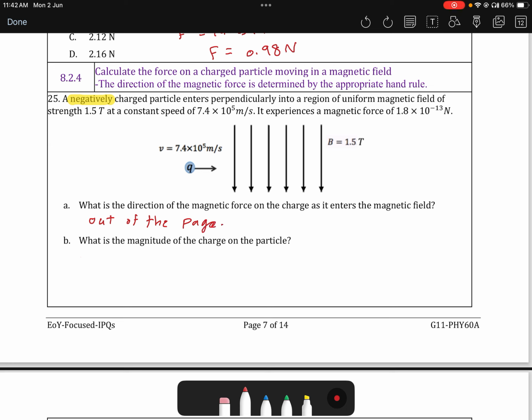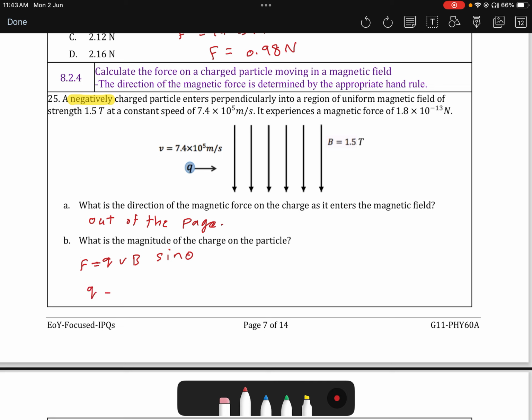Now, what is the magnitude of this charge? We know that F equal Q times V times B, times sine theta. But since theta here is 90 between the velocity and B, sine 90 is 1, so we can ignore it.